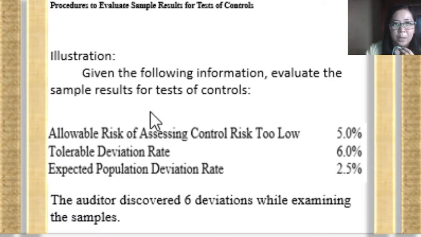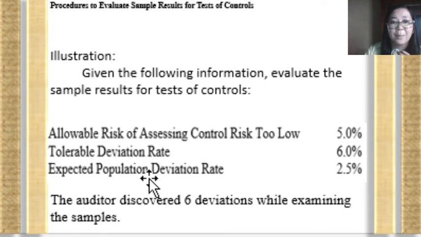For example, we have here the given information, and this will be used to evaluate the sample results for the test of controls. So here, our allowable risk of assessing control risk too low is 5%. Tolerable deviation rate is 6%.